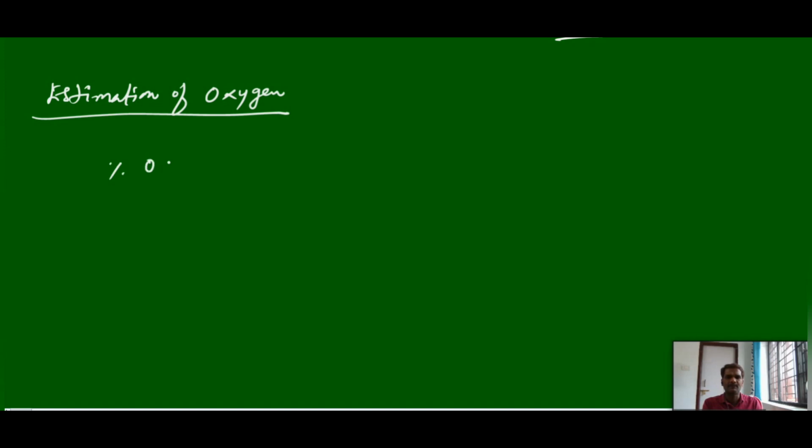Here percentage of oxygen should be equal to 100 minus weight percentage of all other elements. That means weight percentage of carbon, hydrogen, nitrogen, halogen, sulfur, phosphorus. Whatever elements are present, if you subtract all their weight percentages from 100, you will get only the percentage of oxygen.